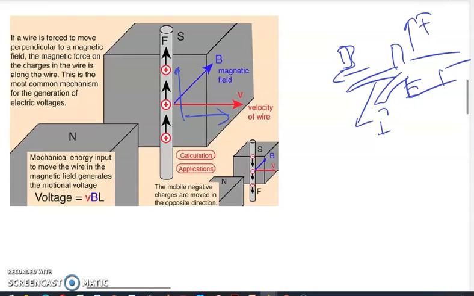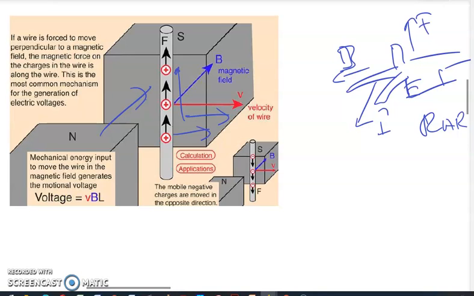So you put your right hand from north, and from north to south is the magnetic field. You have a force, and you move this rod to the right side, so the force is to the right side.